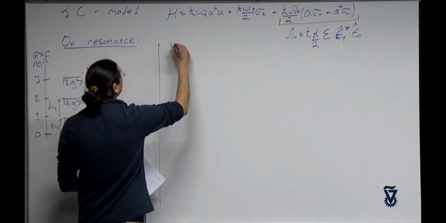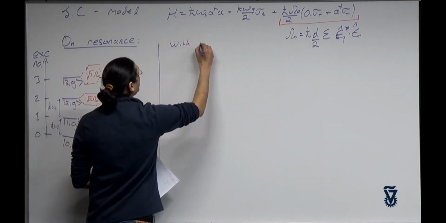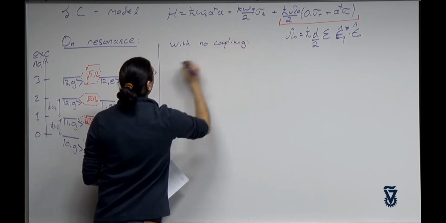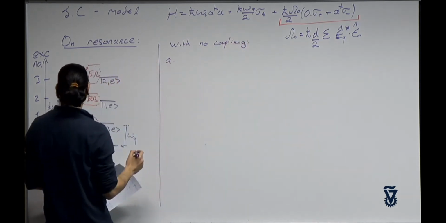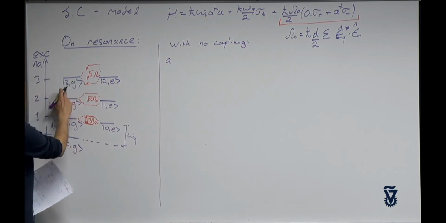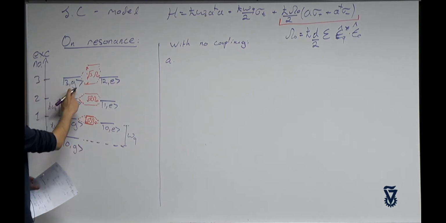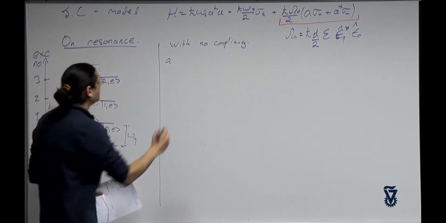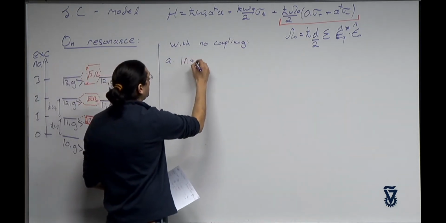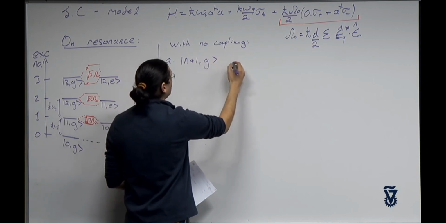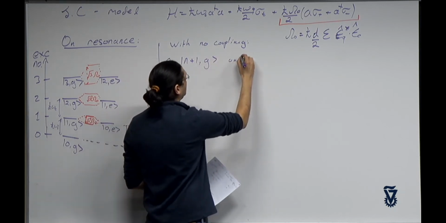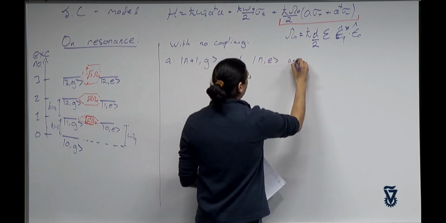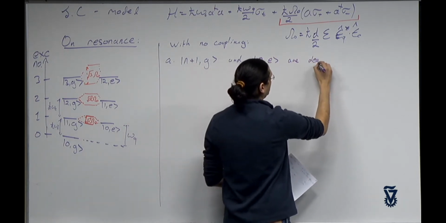Okay, so with no coupling, you can see that the n plus 1 G and NE levels are degenerate. So n plus 1 G and NE are degenerate.